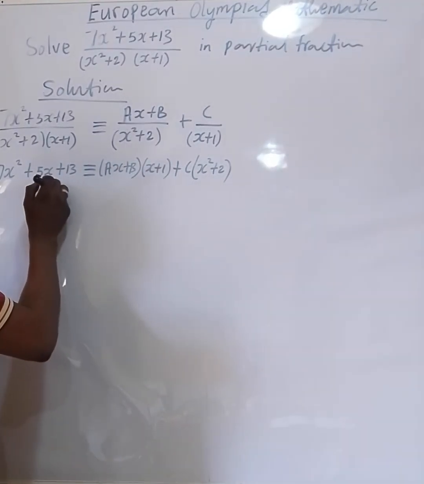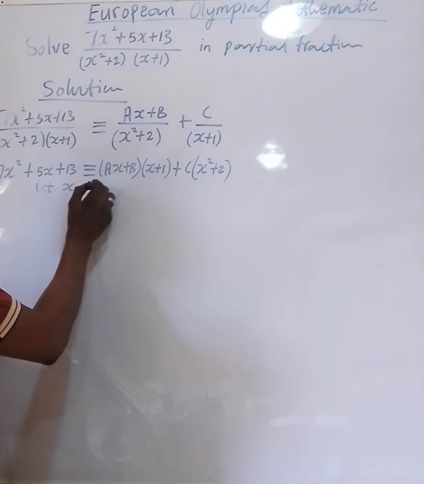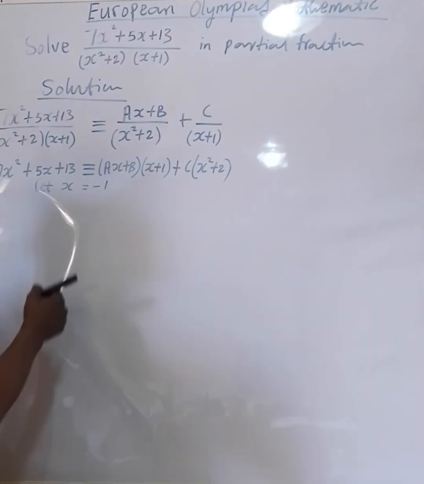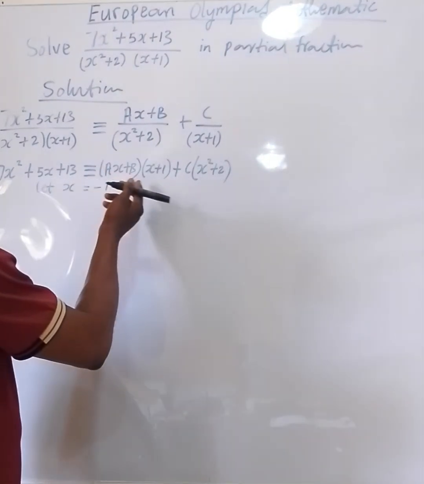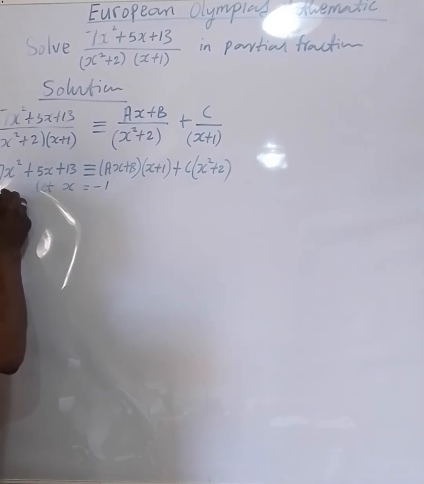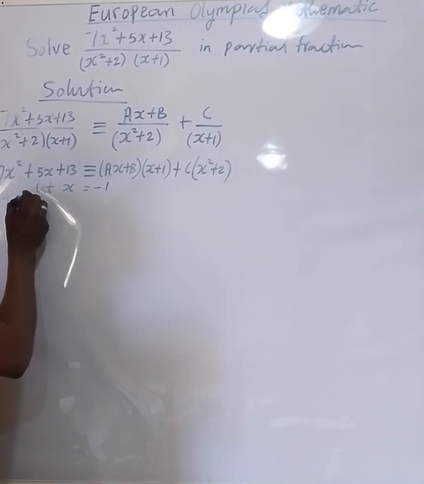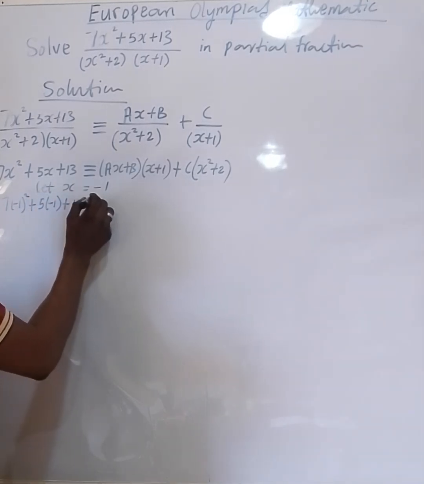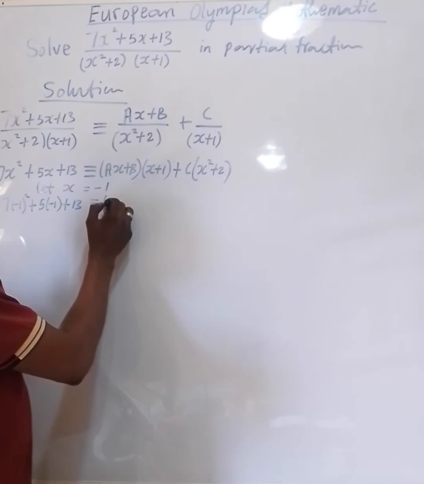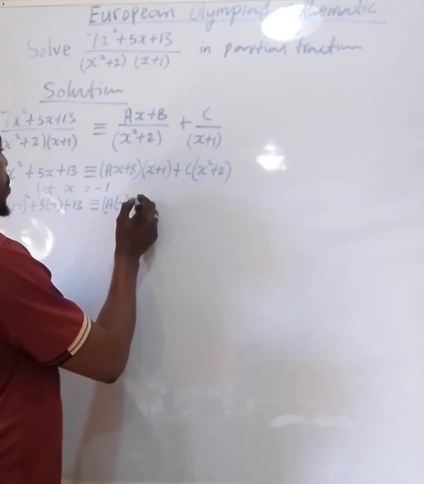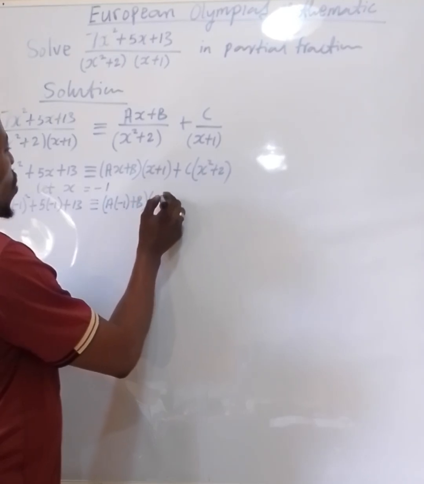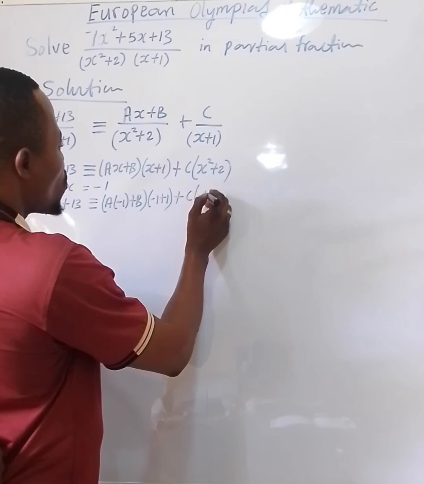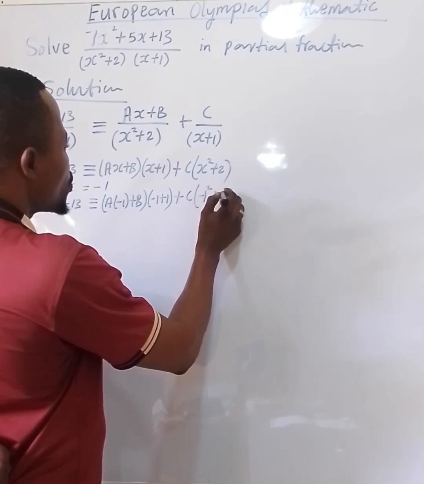We now say let x equals minus 1. So now it will give us 7 times (minus 1) squared plus 5 times minus 1 plus 13 equivalent to a times minus 1 plus b times (minus 1 plus 1) plus c times ((minus 1) squared plus 2).